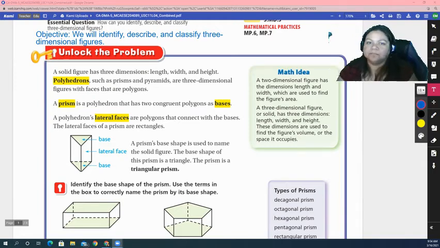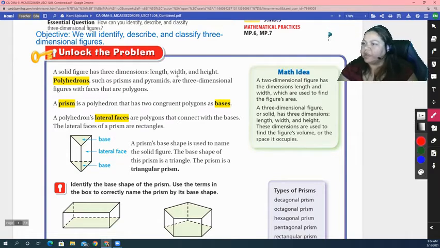A solid figure has three dimensions, like we said: length, width, and height. This is important that you understand that we have three measurements. Polyhedrons, such as prisms and pyramids, are three-dimensional figures with faces that are polygons.